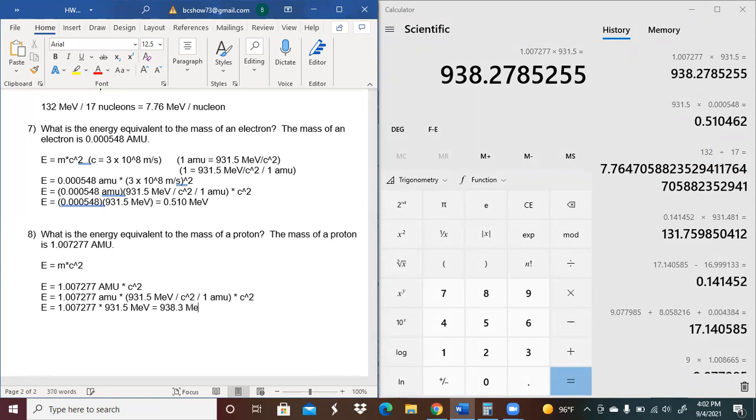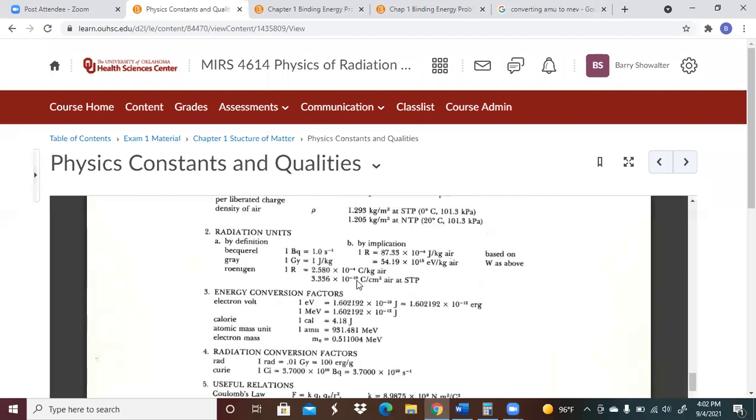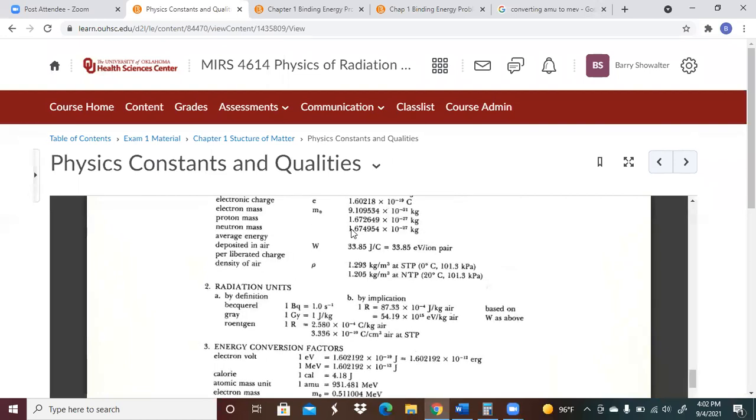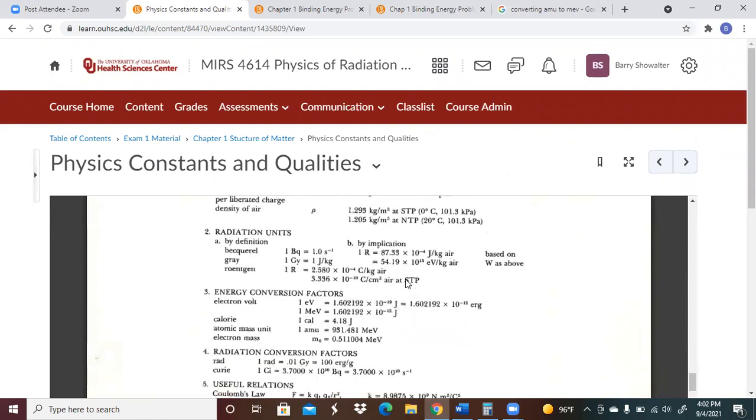I get 938.3 MeV. How close do we get? Let's take a look. I don't have the proton mass here in these units.